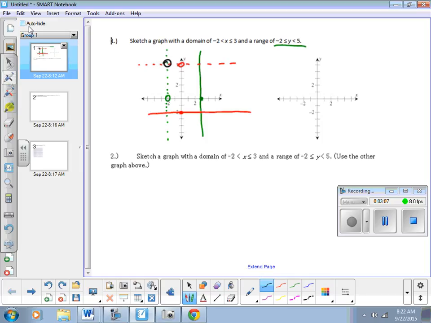Would it be justifiable for me to put an open dot right there where those two dotted lines intersect? Can I do this? Could I do that? Is the domain still from -2 to 3? Okay, is the range still from -2, including -2, to +5, not including 5?